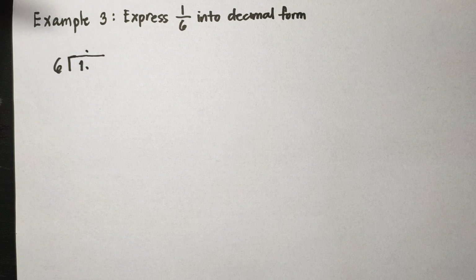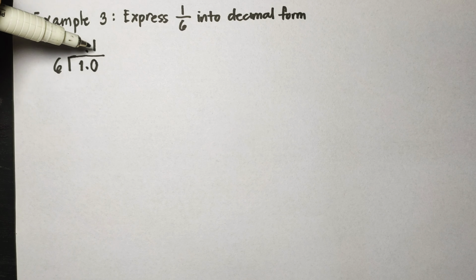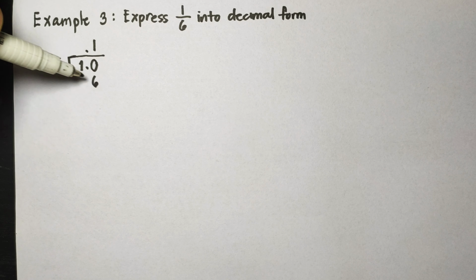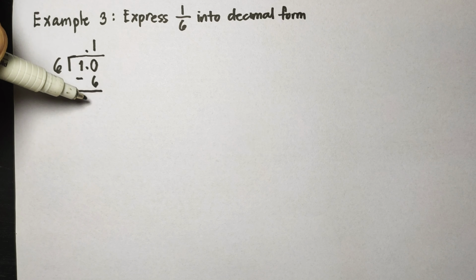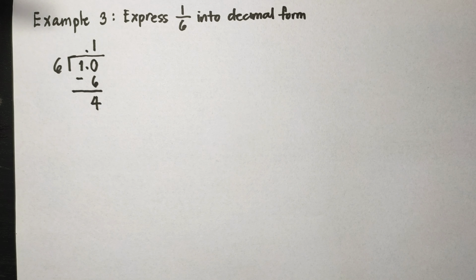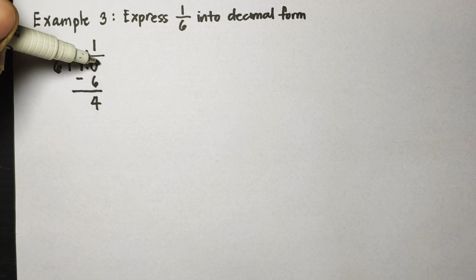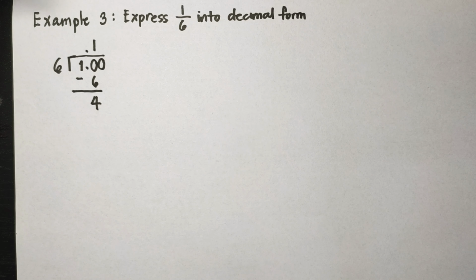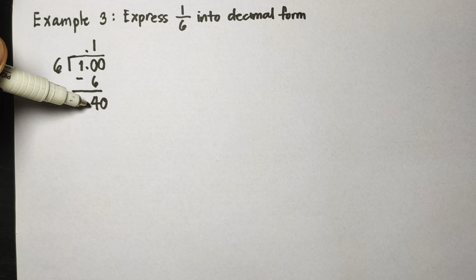We put it above, then add 0. How many 6 are there now in 10? 1. 1 multiplied by 6 is 6. Then subtract. 10 minus 6 is 4. Then, it is not yet 0, add 0, then bring down 0.